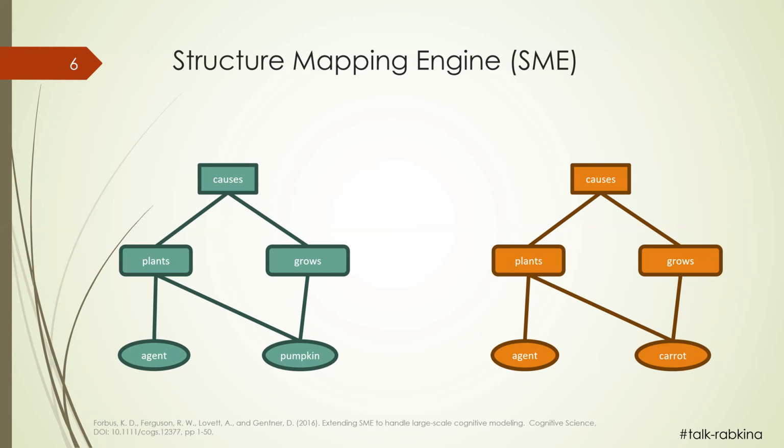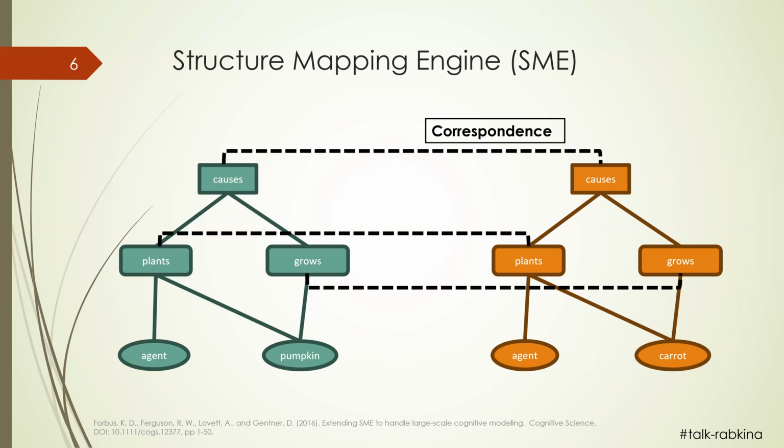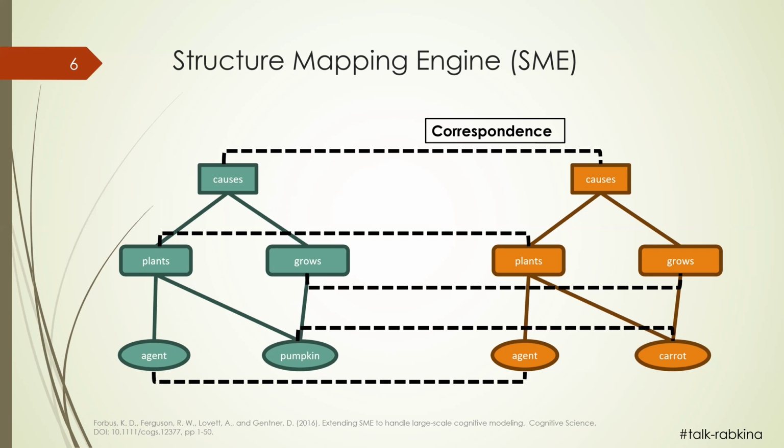What SME does is it finds matching predicates and makes correspondences between them. And then based on those correspondences, it makes correspondences between the entities involved in the two cases.